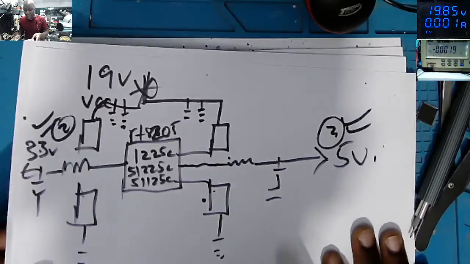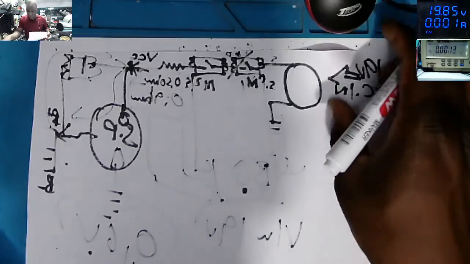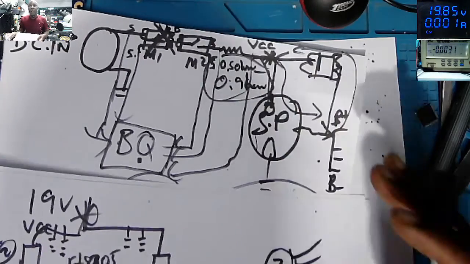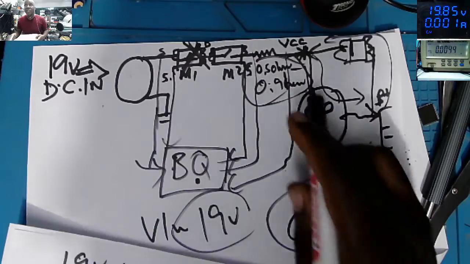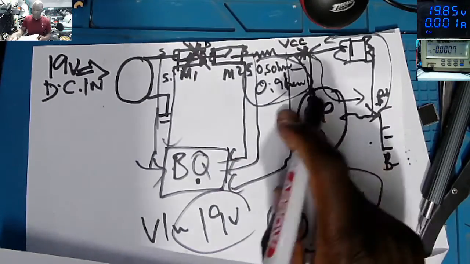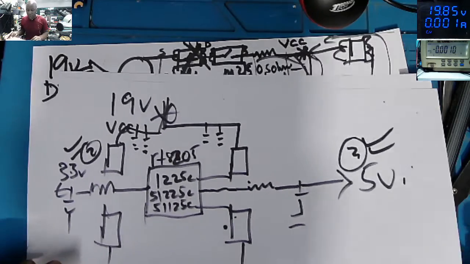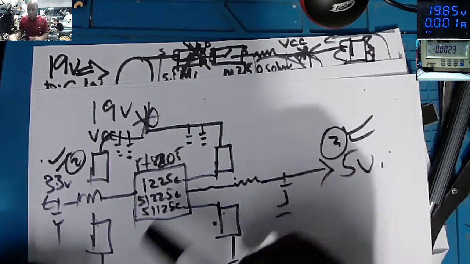So after checking the 19 volts, the input section, and you are satisfied everything is okay, the next step is to go to the 3.3 volts power supply.